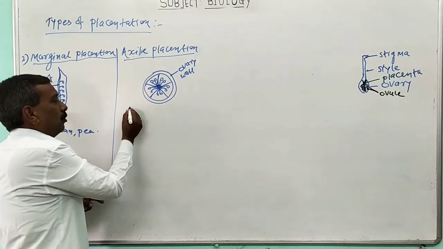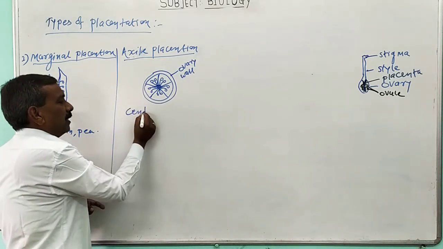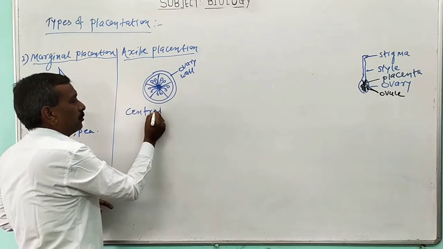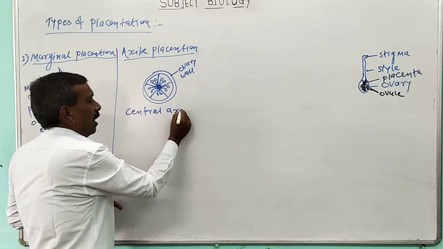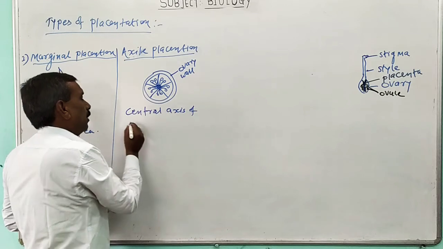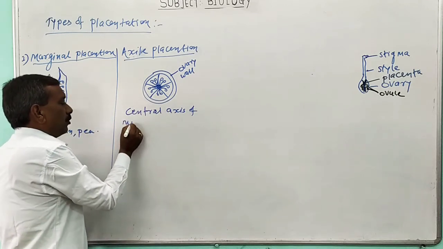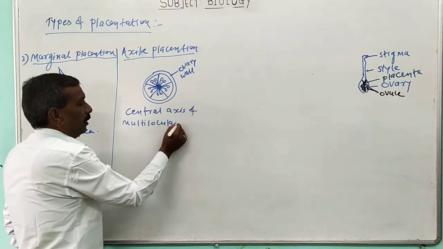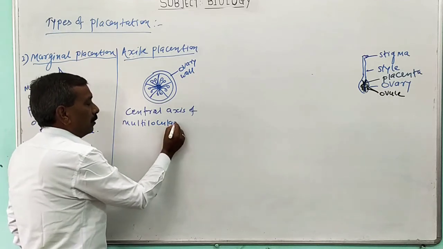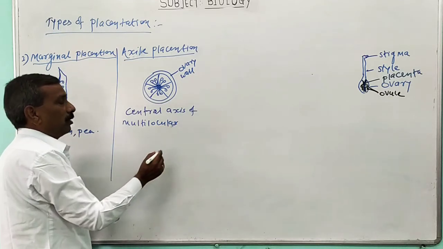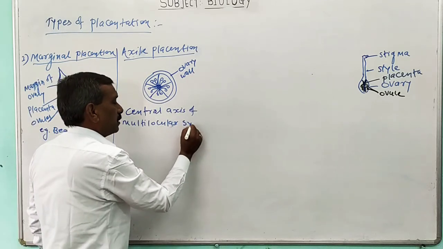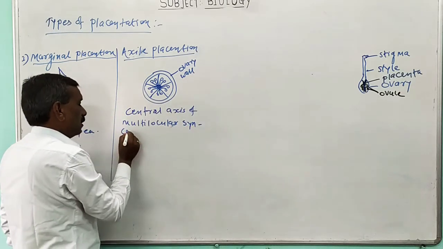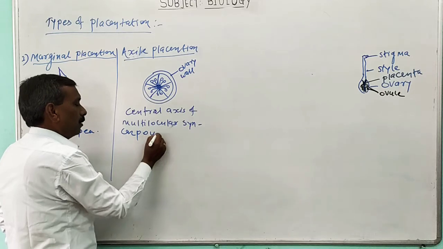And when ovule develops from a multilocular syncarpous ovary, that placentation is known as axial placentation.